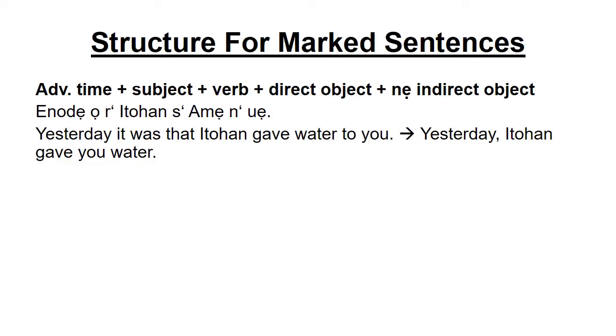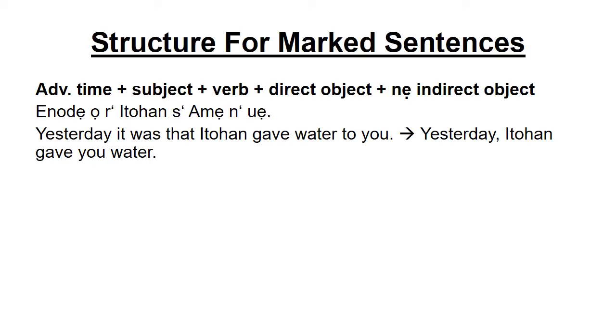So, yesterday it was. So we have to put this oe there. You can't just say enode ito asamenwe. Well, you can say that in a colloquial way when you're talking with your friends. It's actually not really grammatically correct, but you can say it. But the correct way to say the sentence is this: enode oito asamenwe.